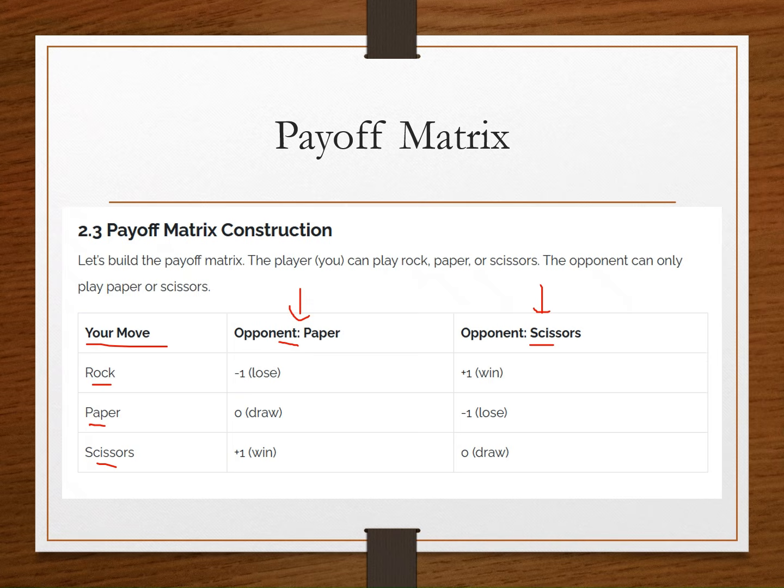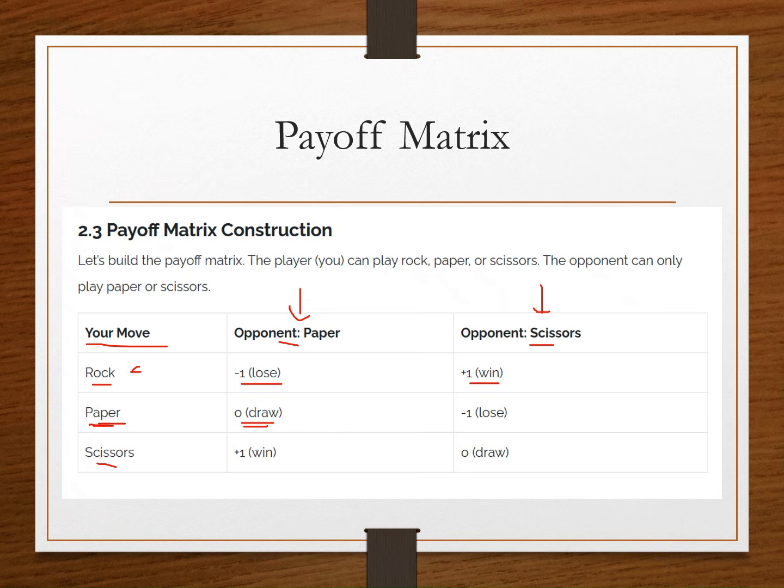Now, when we play rock and the opponent plays paper, we lose. So there's -1 here, indicating we lost $1. When we play rock and the opponent plays scissors, we win $1. So there's +1 here. Similarly, when we play paper and the opponent also plays paper, it's a draw, so it's $0.